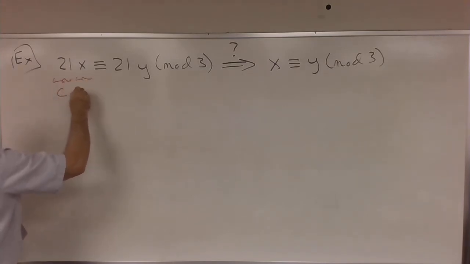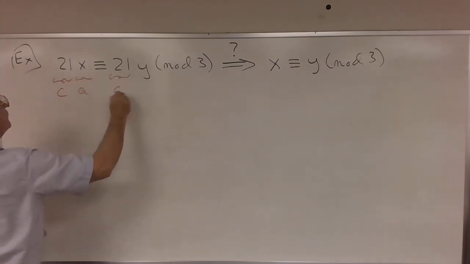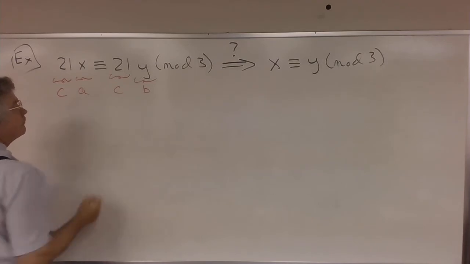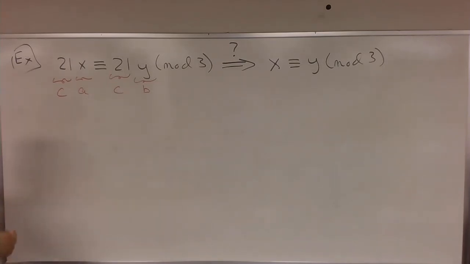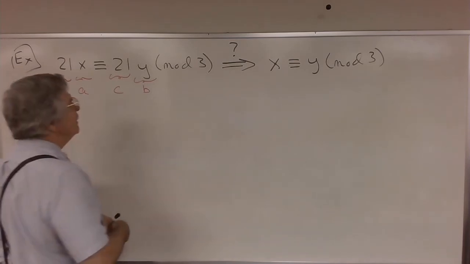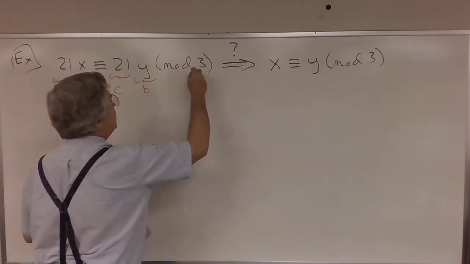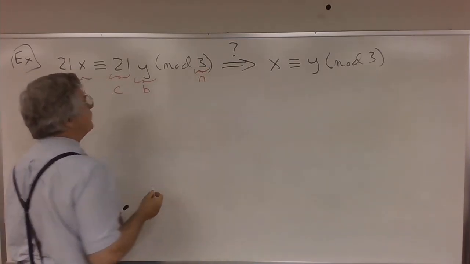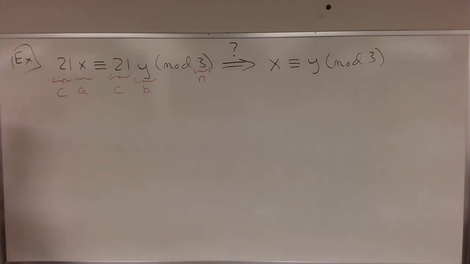Here's C, here's A. Here's C, here's B. And this is N. Here's what we observe.